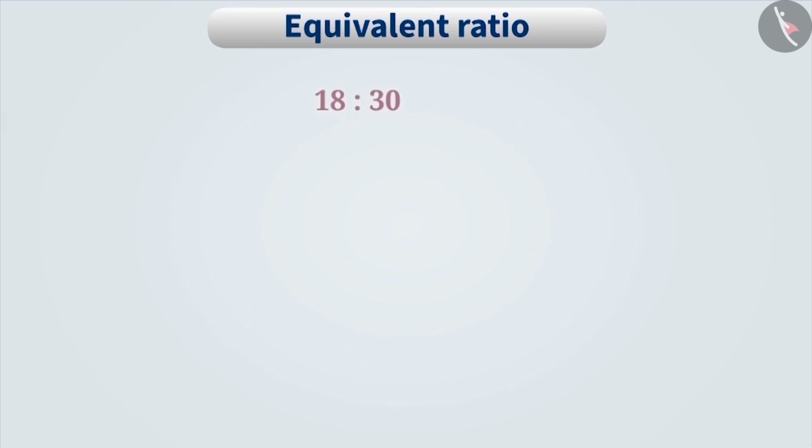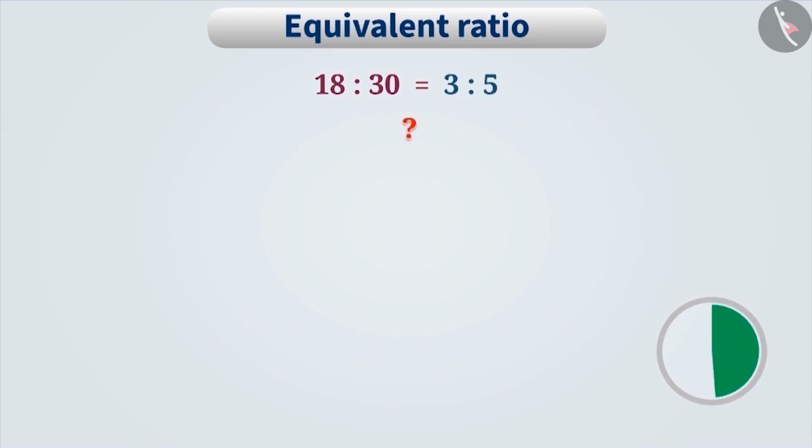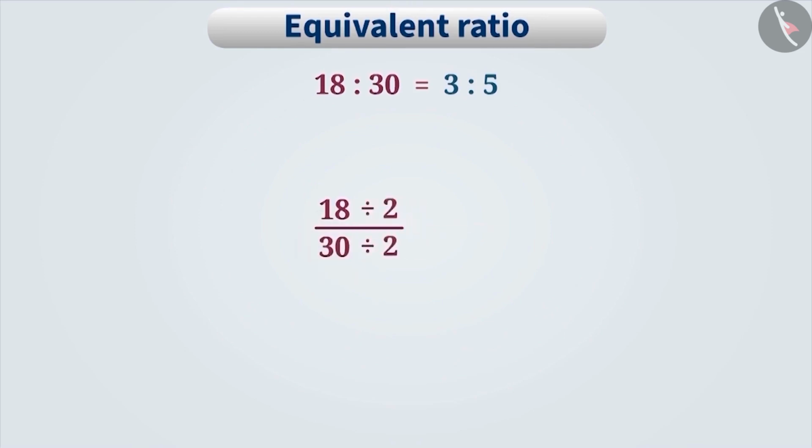Okay, is there only one equivalent ratio for 18:30? Think a bit. Let me tell you. If we write 18:30 in fraction form and then divide its numerator 18 and denominator 30 by 2, then we will get the new fraction as 9 by 15, which can be written as 9:15 in ratio form.